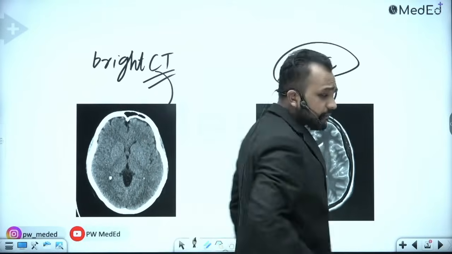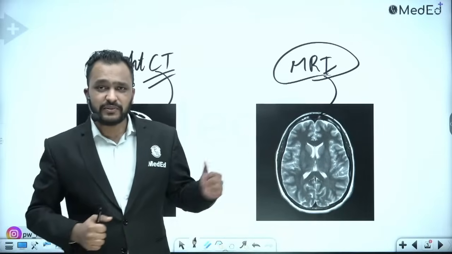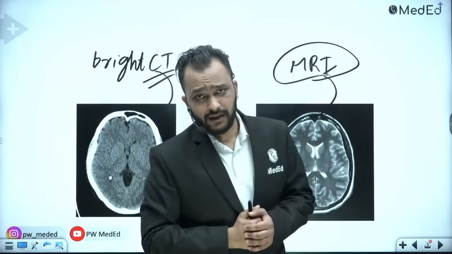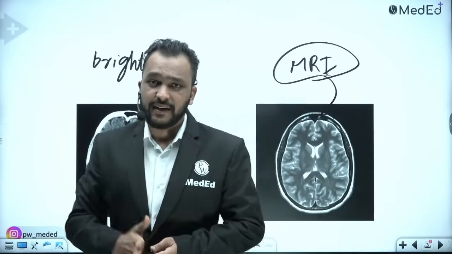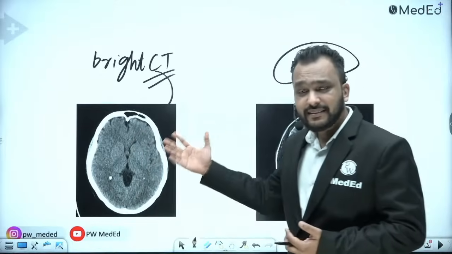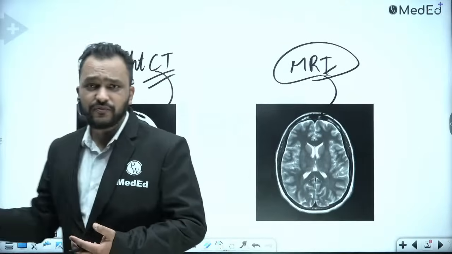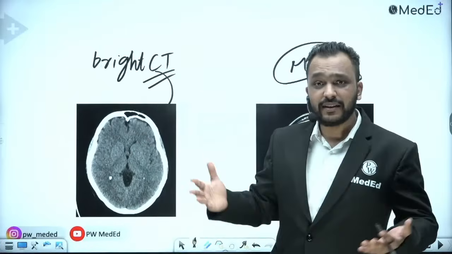So we should know when we are going to use a CT scan and when we are going to use an MRI. CT scan is basically used for all the cases of trauma. In trauma, we need a very early diagnosis. A CT scan takes just a few minutes to acquire, whereas an MRI will take around 30 minutes.